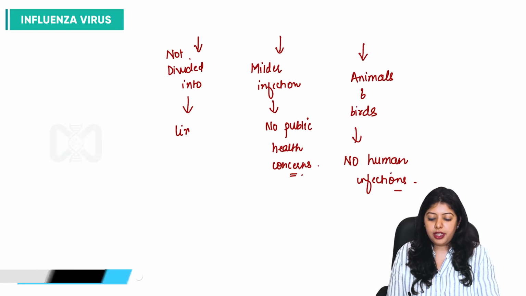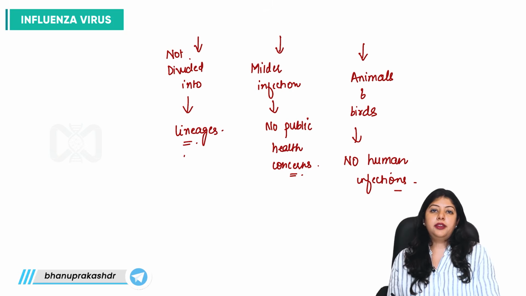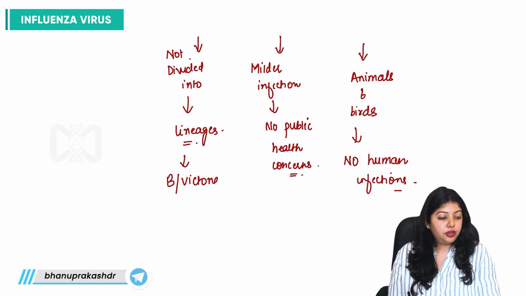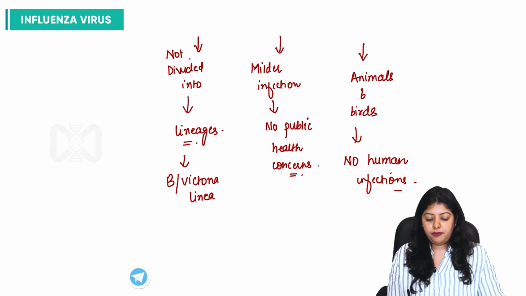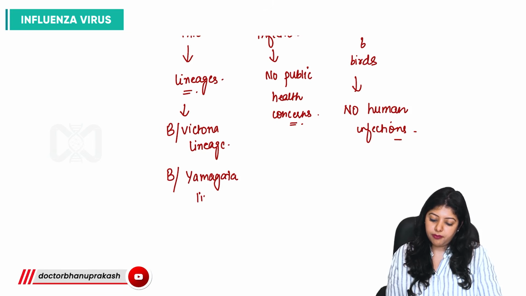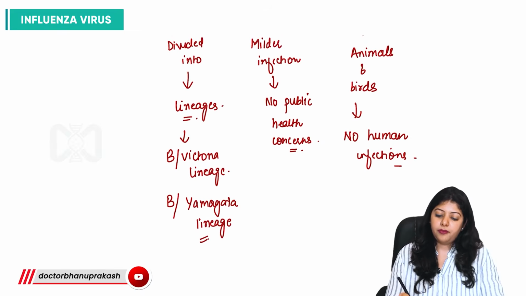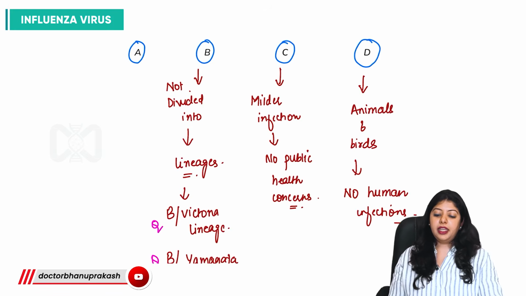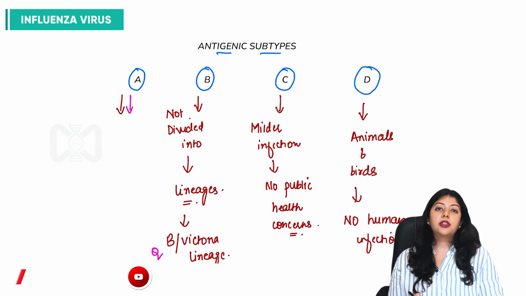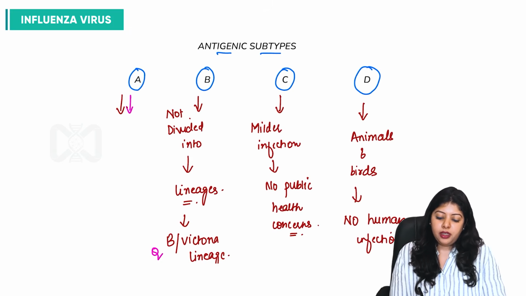They are further taken into lineages, and these can be the B Victoria lineage or the B Yamagata lineage. And A, of course, is the most important subtype or genera.